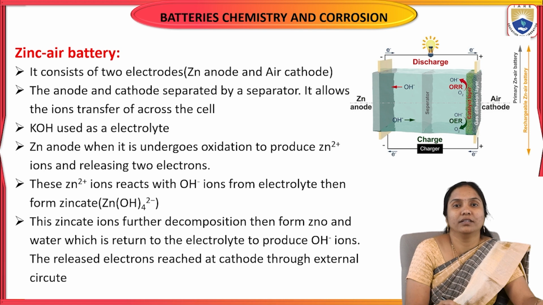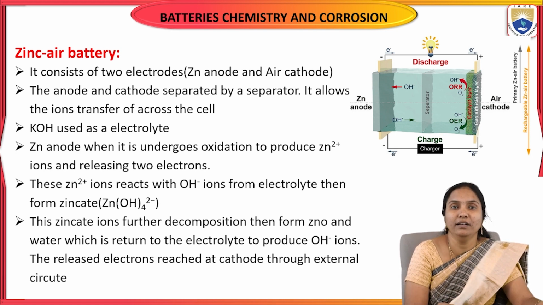Now the construction of this zinc air battery. How to construct a zinc air battery? It consists of two electrodes, one is anode and the other one is cathode. In this zinc air battery, zinc acts as anode and air acts as cathode.